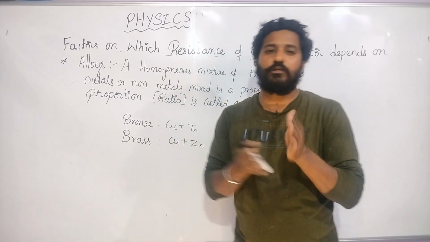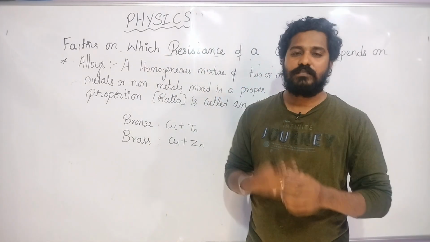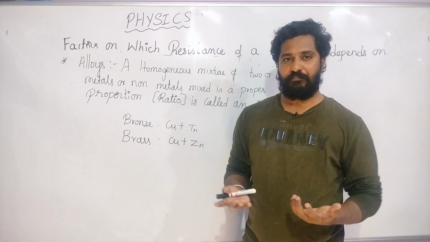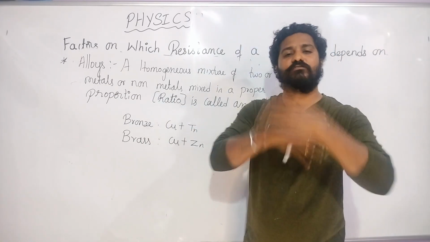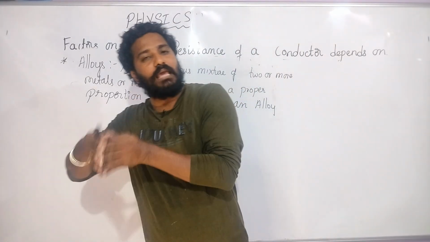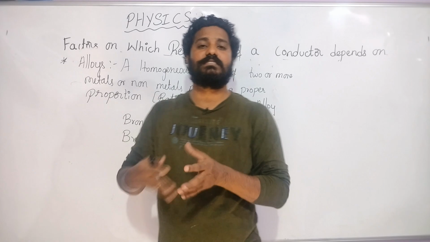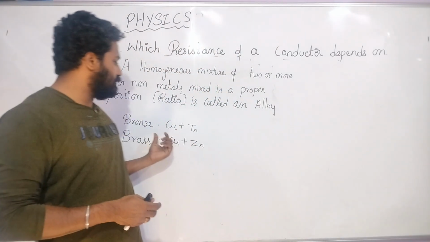When they heat up to their melting point, what happens? Yes, they convert into liquid form. Then they mix it thoroughly, and afterwards they keep it for some time. Then it regains its solid shape. This is how bronze is made.